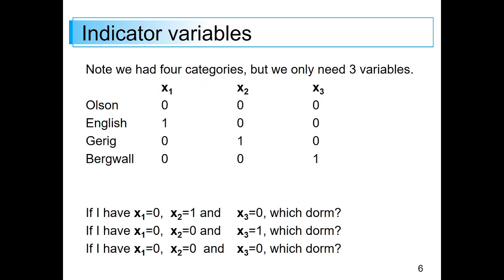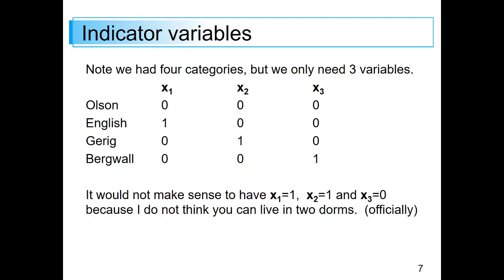That will play a role. Also notice that we had 4 categories, but we only needed 3 variables. So if x1 is 0, x2 is 1, and x3 is 0, which dorm? You might pause and answer the question. Obviously that's Gerig. If you had 0, 0, and 1, that's Bergwall. And if you have 0, 0, 0, then you have Olson.